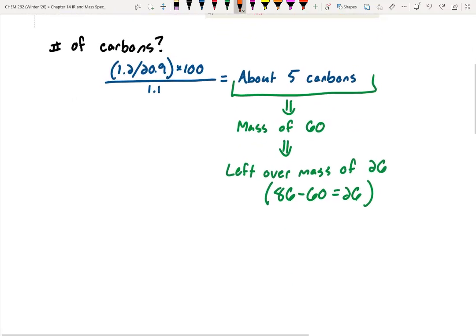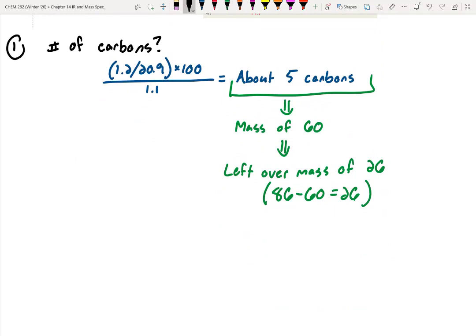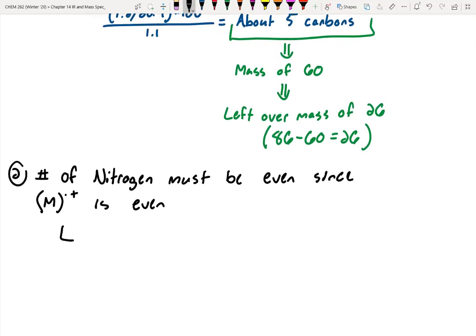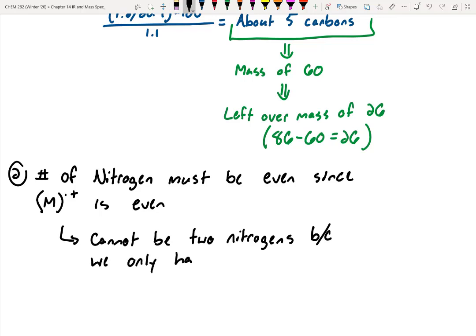All right, so other clue: the number of nitrogens must be even, since our parent ion is even, and it cannot be 2 because we only have 26 mass units left over.